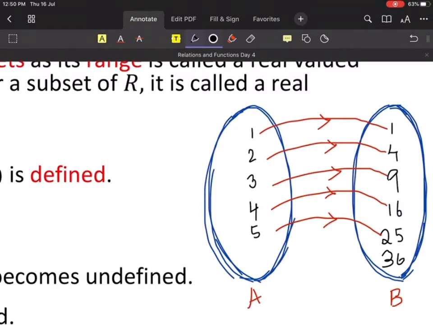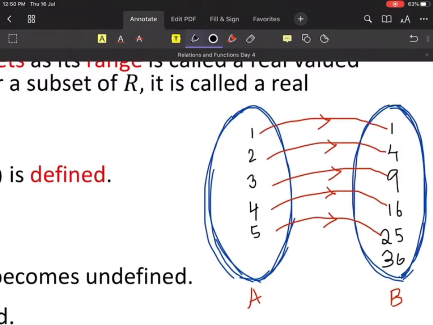Why should I say the elements? When somebody says what is the codomain of the function, you will directly say, sir, the codomain is B. Yes or no? The codomain is B, right? So again, if I say what is the domain of this function, you will say what? A. Understood? Am I clear? And the codomain is B.